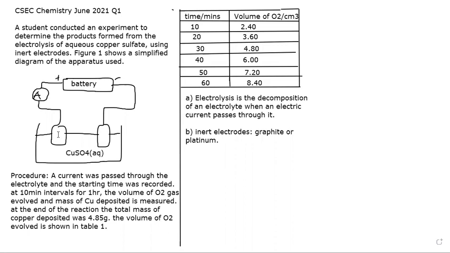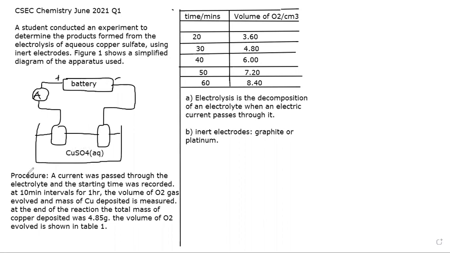So we know that the positive electrode, which is the anode, is on this side, and this would be our anode. Over here we have the cathode, and the electrolyte, of course, is a solution of copper sulfate.